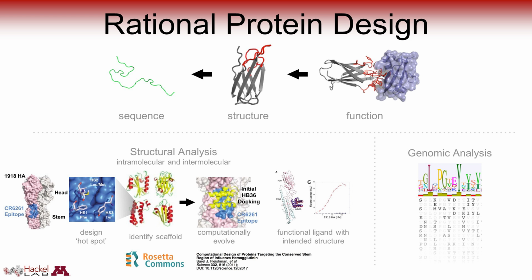Then they went into the lab and actually built the proteins, or even a list of candidate proteins, and tested which ones worked well. Out of numerous candidates, many of them did not work, but there were a couple that did work reasonably well. And they then solved the co-crystal structure of that newly designed protein in complex with the intended hemagglutinin target, and found that it had a very similar conformation to what they designed it to do.